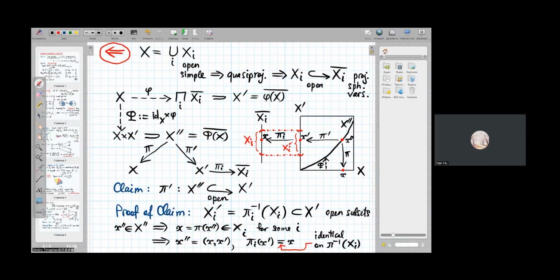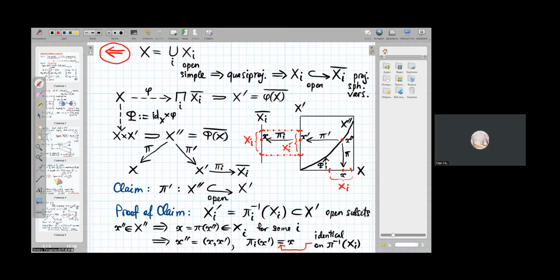So here on the picture, I can draw xi also here, somewhere here. Let it be xi here in x.